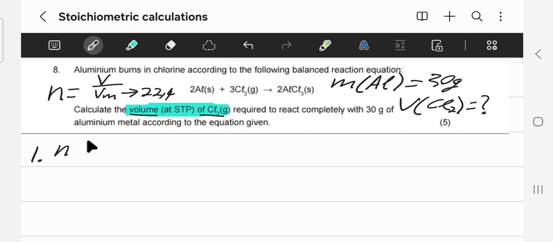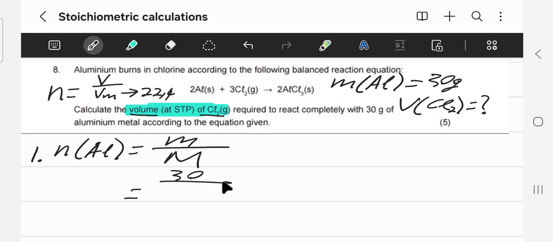We find the number of moles of aluminium, and the formula we use obviously is mass over molar mass. Then when we substitute, our mass for aluminium is what? 30, and the big M obviously stands for molar mass. What's the molar mass? The molar mass of aluminium is 27. Where am I getting this number? I'm getting this number from my periodic table.